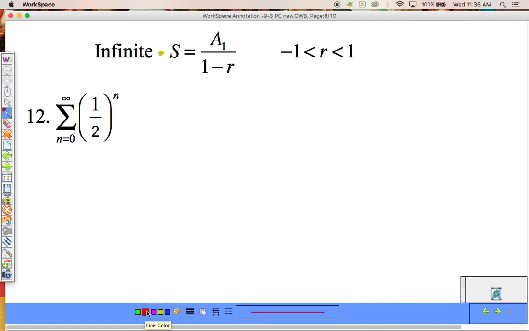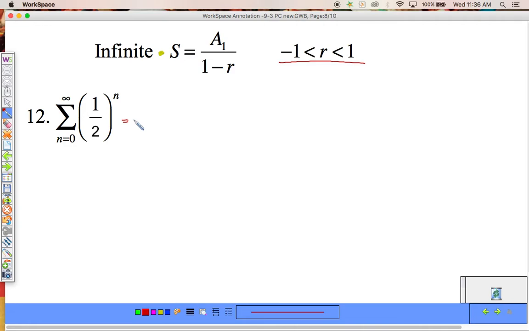As long as my ratio is between -1 and 1, which is a number that's going to make my numbers get smaller, like a half, 2/3, 3/5, 0.9, -0.73. As long as it's between -1 and 1, we can do an infinite geometric series. But if it doesn't get smaller, we can't.